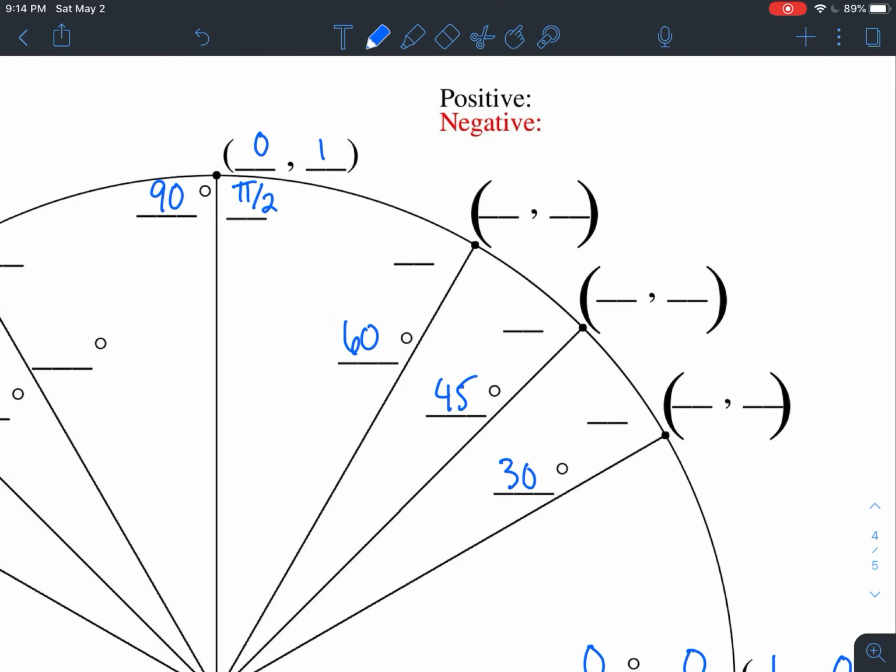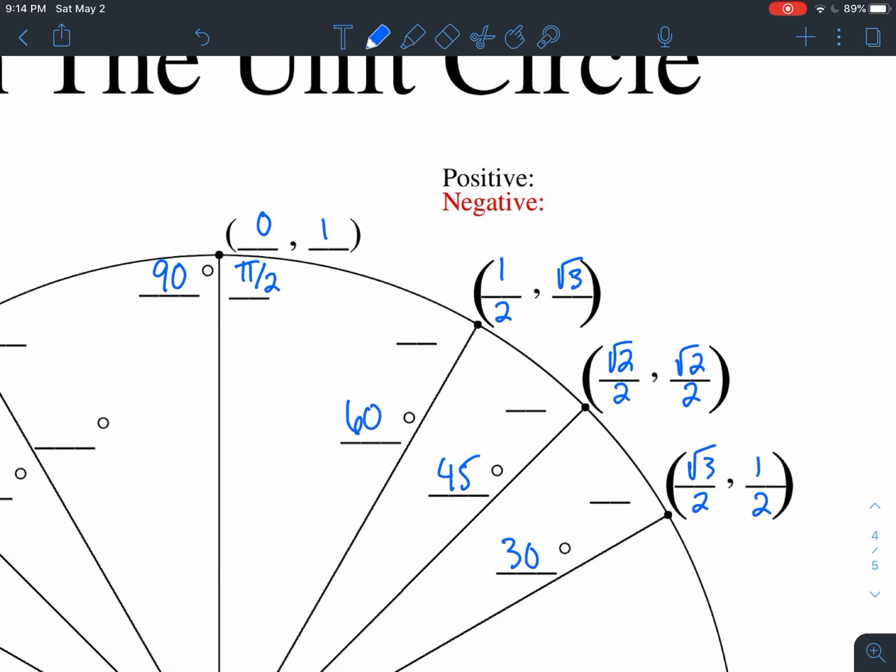For our 30-degree angle, we said that square root of 3 over 2, 1/2 was the coordinates. 45 was square root of 2 over 2 for both x and y. And for 60 degrees, that was 1/2, square root of 3 over 2.